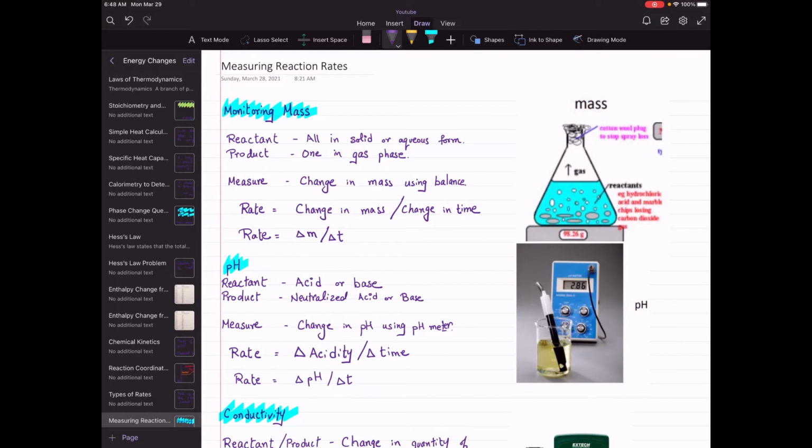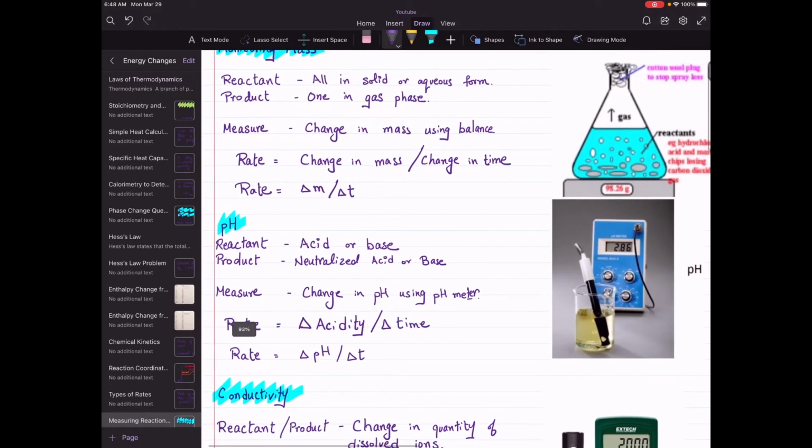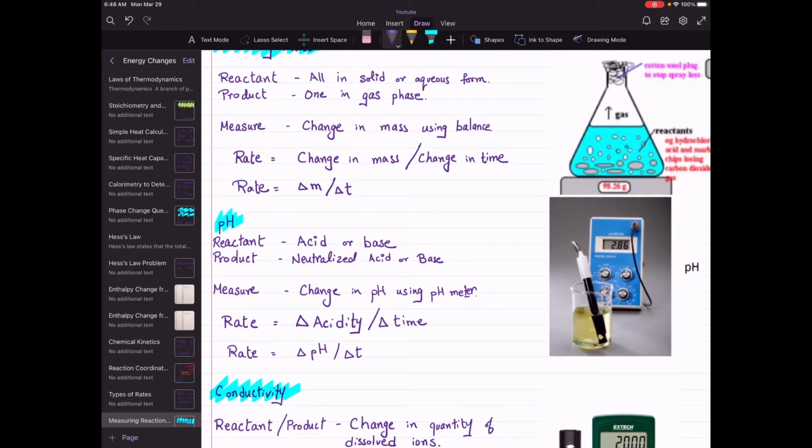Second technique you can use to measure rates of reaction is the change in pH. Right? So change in pH is the acidity of a substance. So the reactant has to be either acid or base. So for this technique to be used, you have to make sure you're looking at the reactants and determining if one of them is an acid or a base. And the product should have the neutralized acid or base.